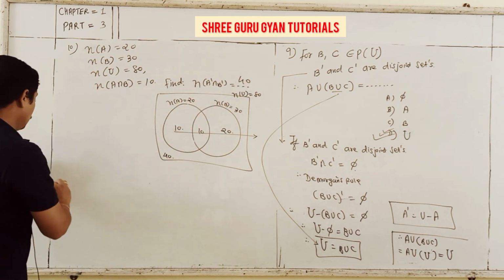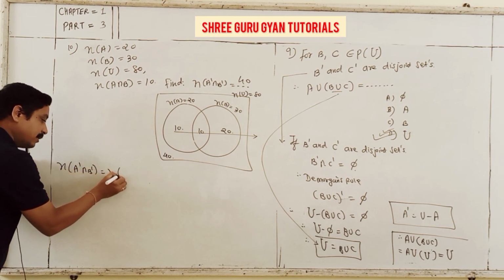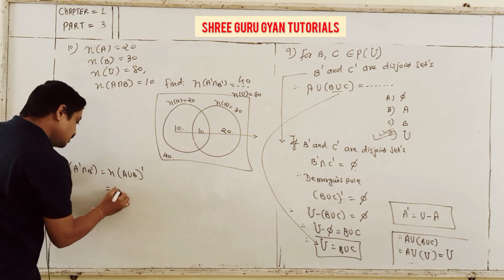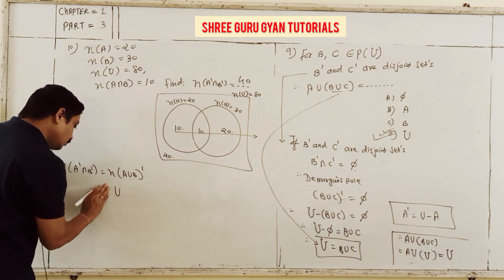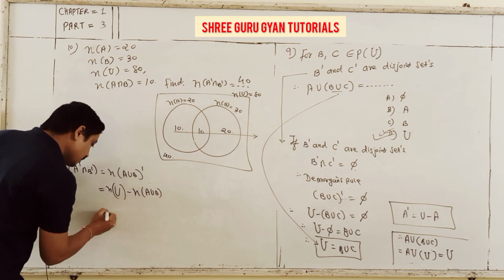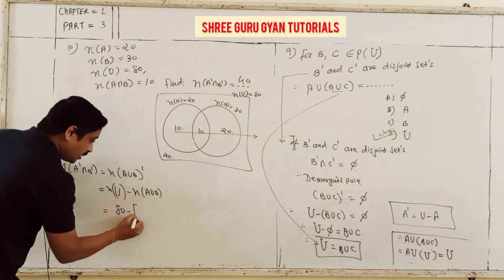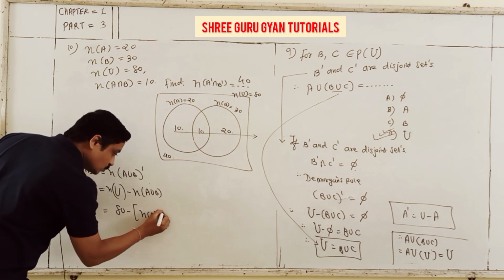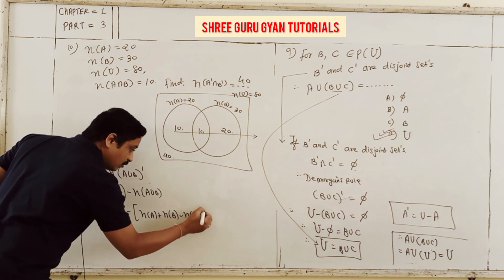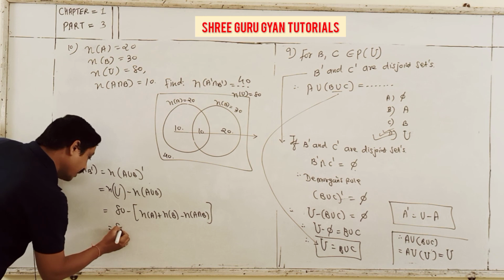Don't worry, I will explain by the method as well. A dash intersection B dash, apply De Morgan's rule: A union B whole dash, which is number of U minus number of A union B. Number of U I know, which is 80, and here apply N of A plus N of B minus N of A intersection B, and apply all values one by one.